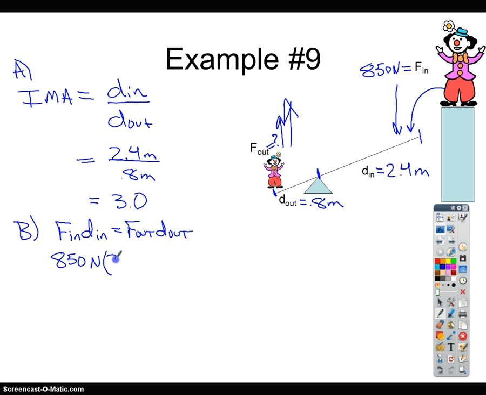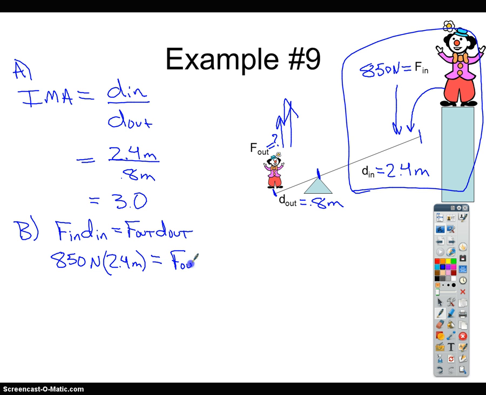We know the distance in is 2.4 meters, and that comes from this side. So we're looking at the big clown. The force out is what we're looking for, so we're going to put F_out, and then that's times the 0.8 meters, and that would be on this side. So we know that we don't lose any work in between the two. They should be equal, and that's why we can use the equation.